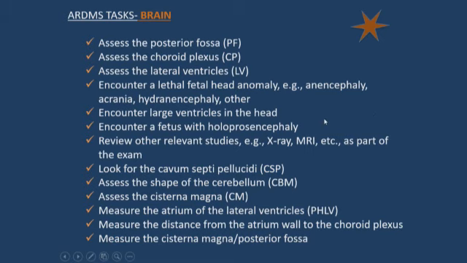Looking at babies with abnormalities of the brain, trying to identify what type of abnormality that is. Looking for that cavum septum pellucidum again, and looking for the shape of the cerebellum and the posterior fossa, and we'll go through some of these variants. And then actually assessing the cisterna magna, the size, and then measuring the atrium of the lateral ventricles, and then looking at the distance of the choroid plexus from the lateral ventricle wall.